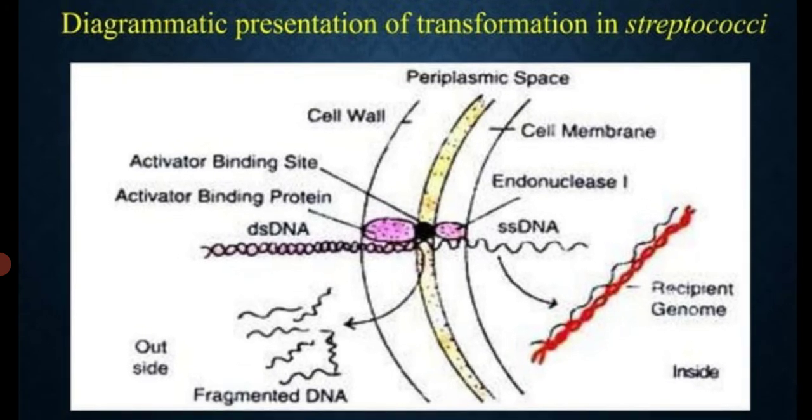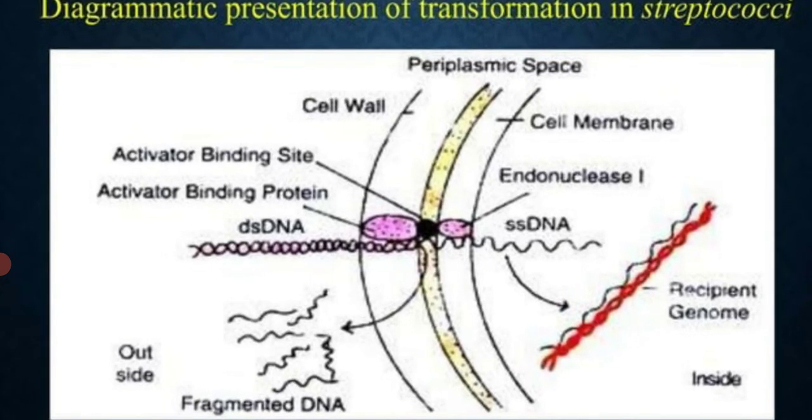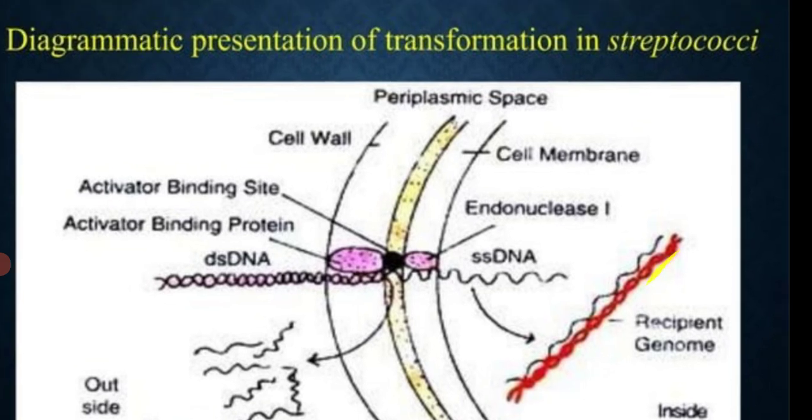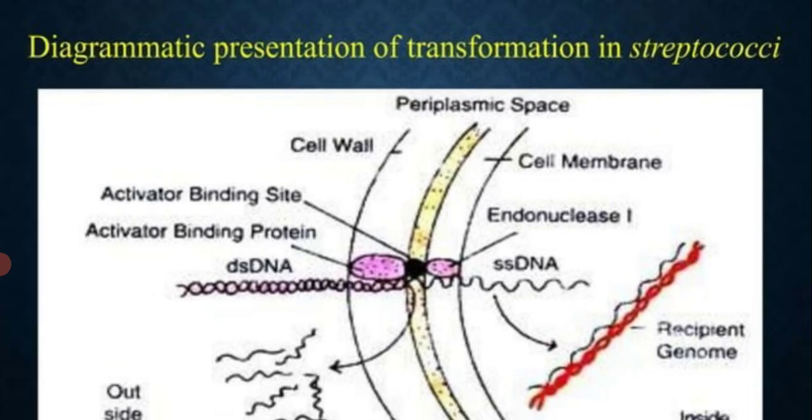This is a diagrammatic representation of transformation in Streptococcus. This is the recipient genome, or endogenote, and on the cell wall there is the presence of an activator binding protein and an activator binding site, where on the outside of the cell the double-stranded DNA molecule gets converted into single-stranded DNA.